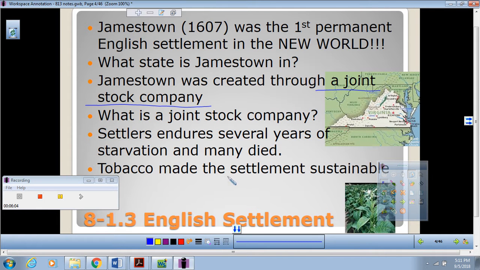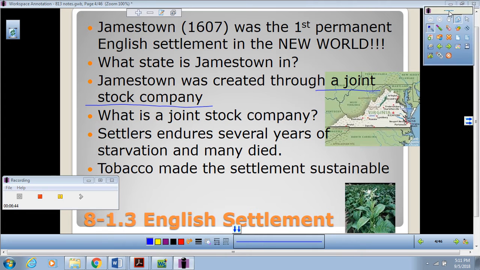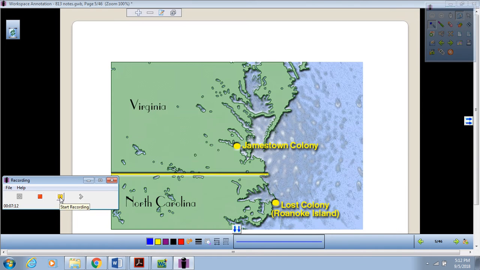However, there were further missions and supply ships that were sent to Jamestown by the Joint Stock Company, and eventually they started to grow tobacco in Jamestown, which would become the number one cash crop grown in Virginia, and it would save Jamestown and create a stronghold of English settlement on the east coast of the United States.